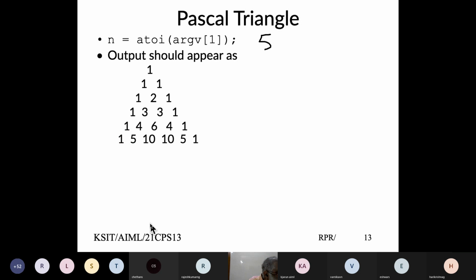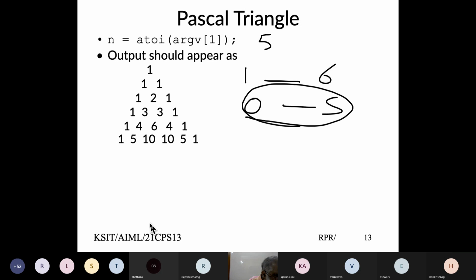If input is 10, you need to print 11 lines. So you have to have a for loop which runs n plus 1 times. Either you run the loop from 1 to 6, or from 0 to 5. Since we are looking at the binomial coefficient, we prefer to run 0 to 5.